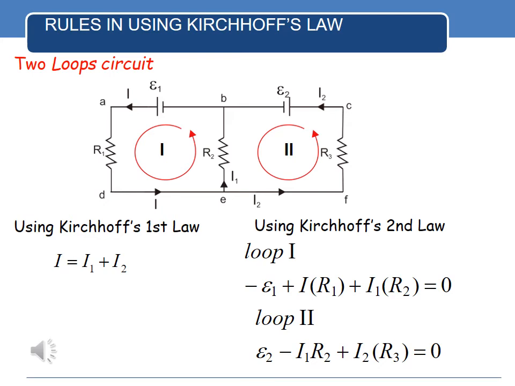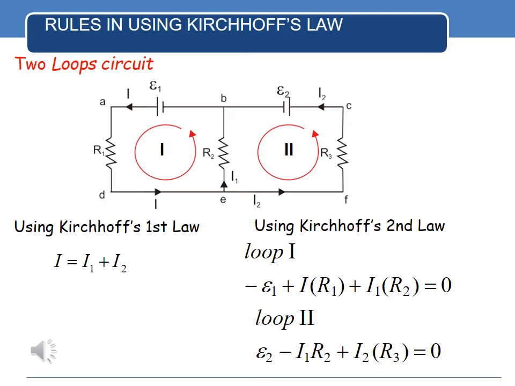For loop 2, we have a different direction of loop like this. The red arrow hits the positive pole of epsilon 2, so we have positive epsilon 2, and then we have negative I1, because the direction of I1 is opposite to the direction of loop number 2, so minus I1 times R2.